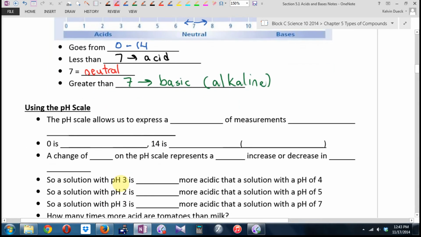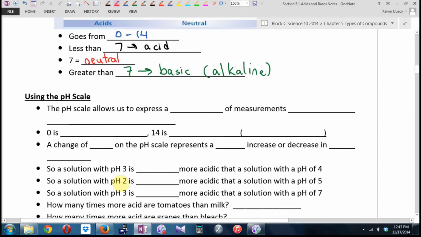Using the pH scale allows us to express a very wide range of measurements using a small scale. Okay?